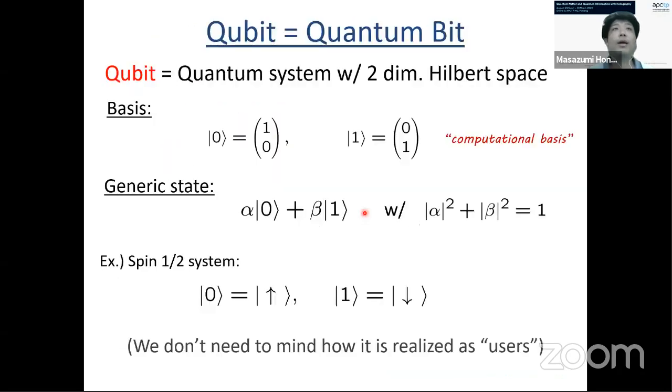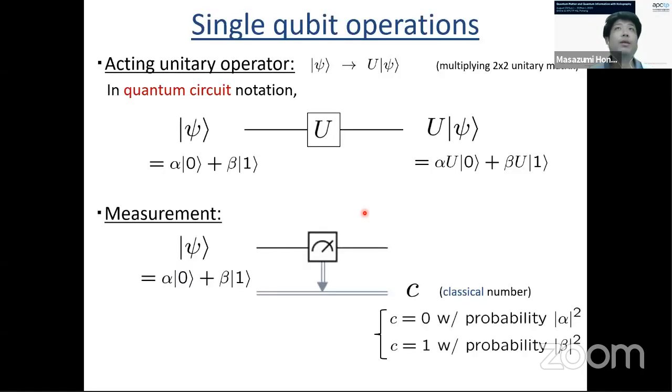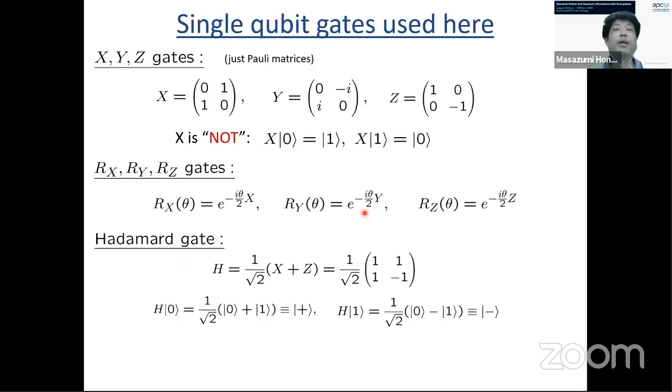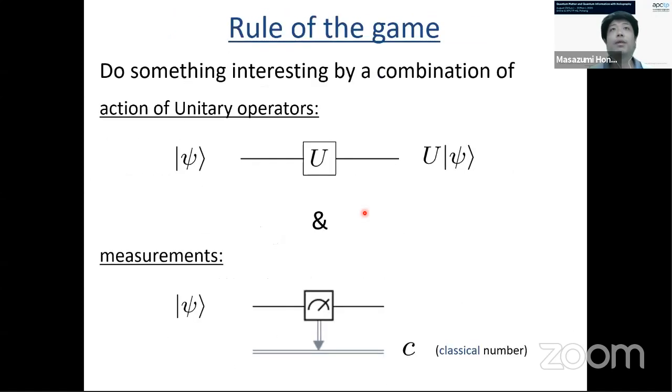Then I introduced some basic concepts of quantum computation. A qubit is the quantum version of a bit, and there are some important gates. The rule of the game is to do something interesting by a combination of acting unitary operators and measurement.